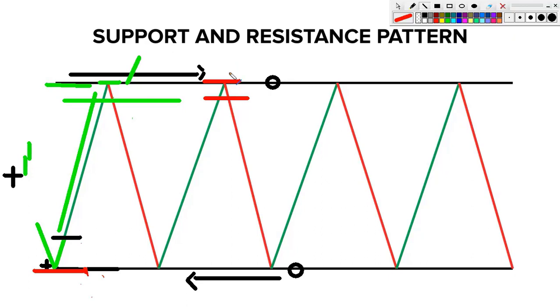If you don't know what a hammer is, this is an upside hammer. When this hammer occurs on the upside, it's a sign of a reversal that's going to go down. And when it occurs on the downside, right here, this is a sign of a reversal that is going to go up.